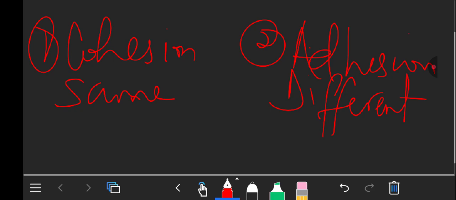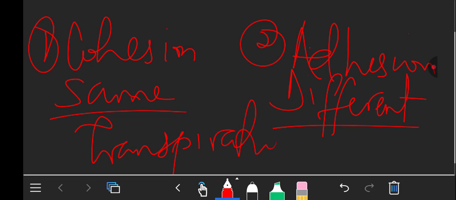Now what is the importance of cohesion? Cohesion is the attraction, like a water molecule and another water molecule, but adhesion is of different kinds, like the water molecule and the vessel or the walls of the xylem. Cohesion and adhesion help in transpiration.